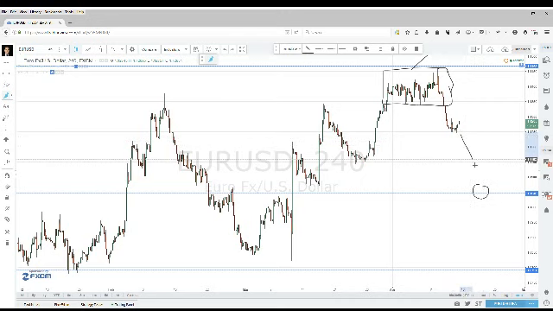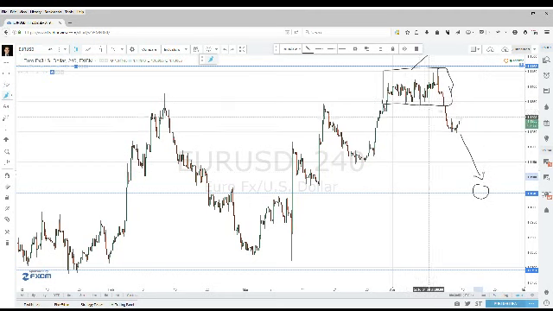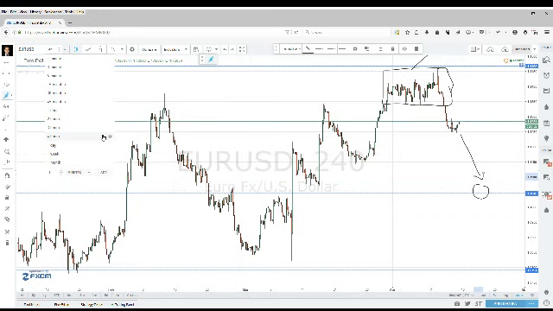So we could expect a move all the way to that level because price broke down out of that range and we were not able to get a breakout on that pair. So that's what I'm expecting right now: a breakdown, and price going even lower.